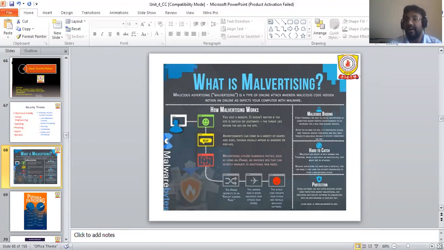It might be in any shape and size, any box, link, or pop-up. So it is very crucial that we overcome such problems. Malicious advertising is also hard to catch once we visit a website. Whether it is a sketchy site or a legitimate one, that is the source through which malware can come into your systems.